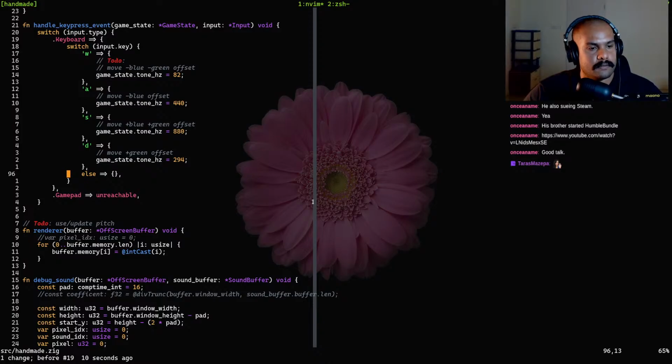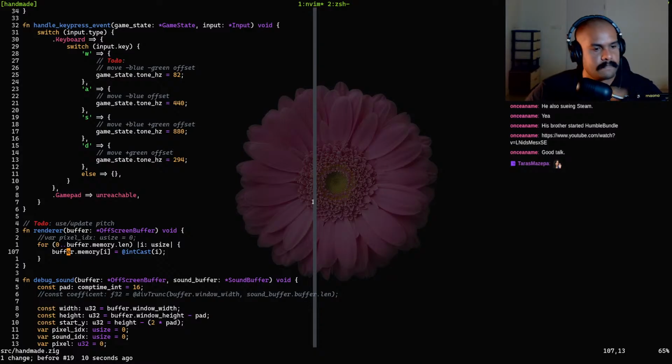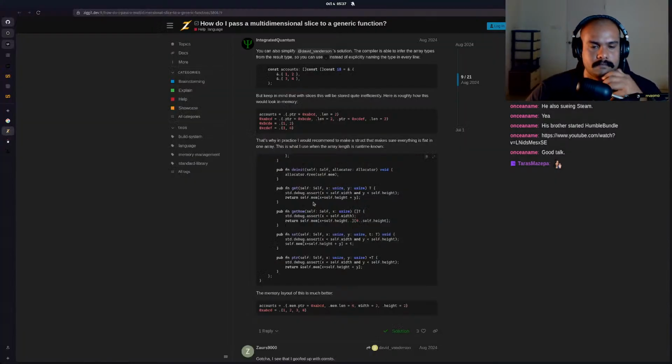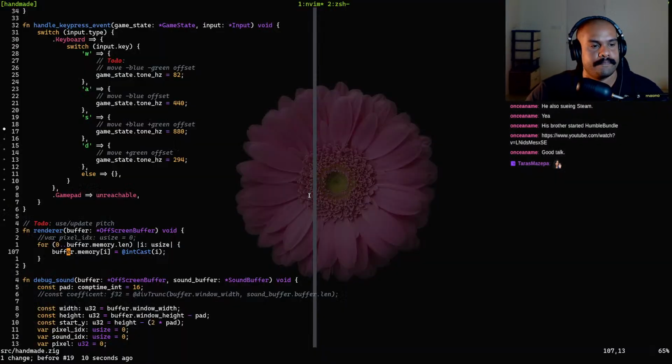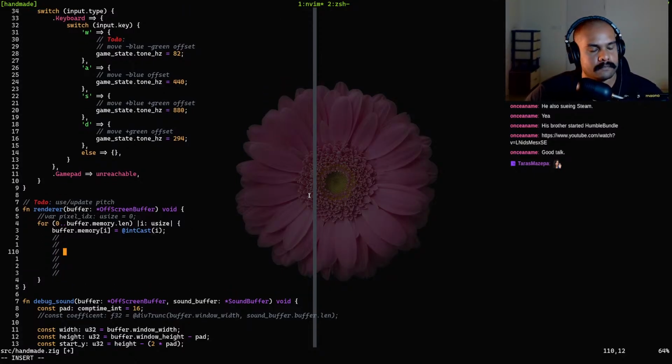What am I missing? How is it arranged in memory? Is it x1, y1?